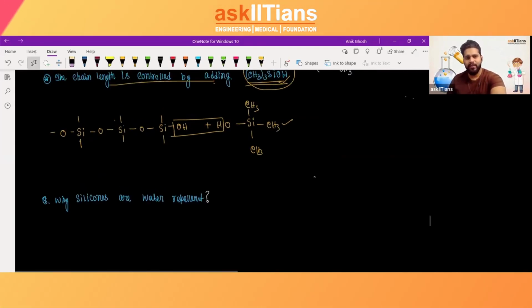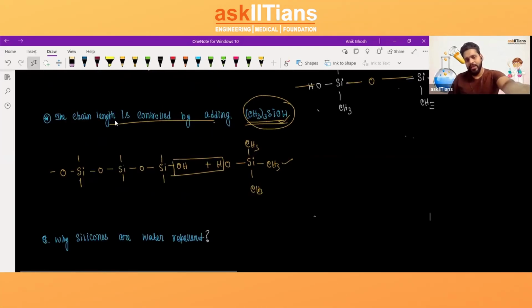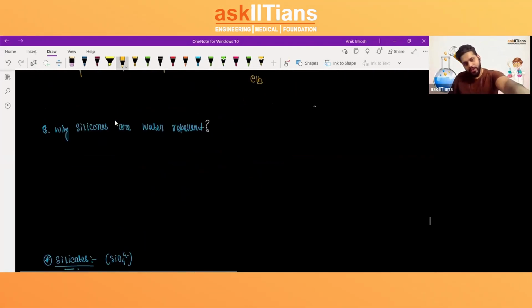Why are silicones water repellent? Very, very simple question, right, guys? If I talk about the silicon structure, although this bond is polar, you might feel like, sir, then the poly structure should be water soluble, but it is water repellent because of this alkyl group connected up top, right?